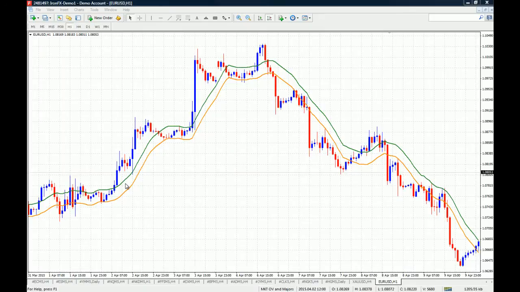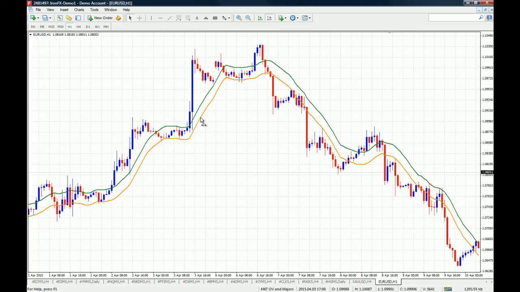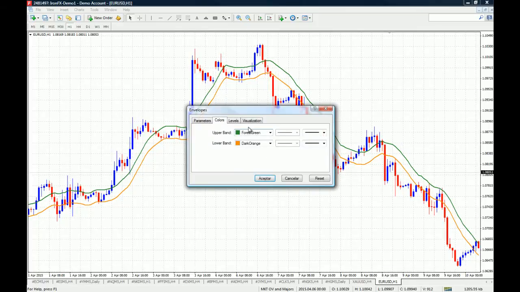Okay, so this is how the envelopes look on a 1-hour chart, and these are the default settings. But what we want to do here, if we are using a 1-hour chart, is increase the deviation on these envelopes to 0.35%.